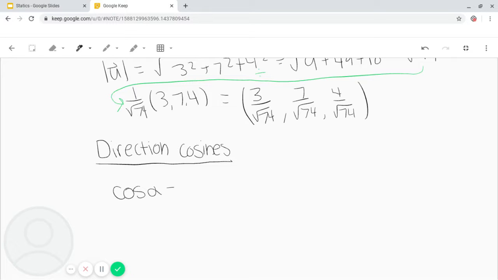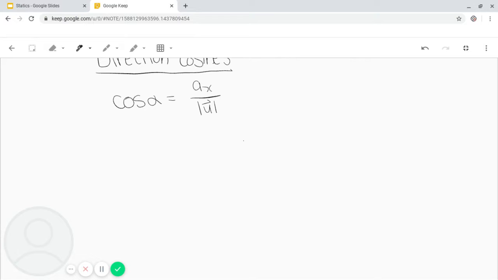Note that cosine alpha is simply a sub x over length of u, and u is equal to 3, 7, 4. That a sub x is equal to 3, and that just comes from here.